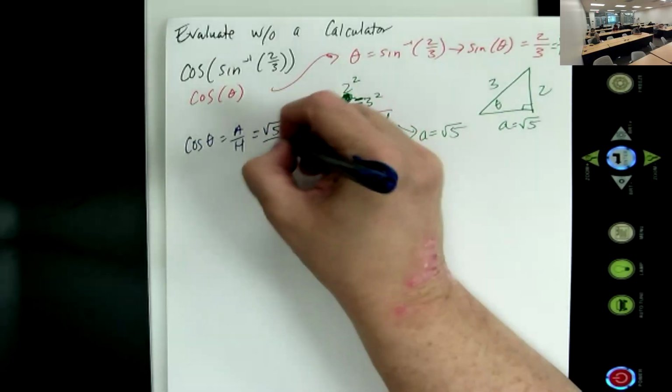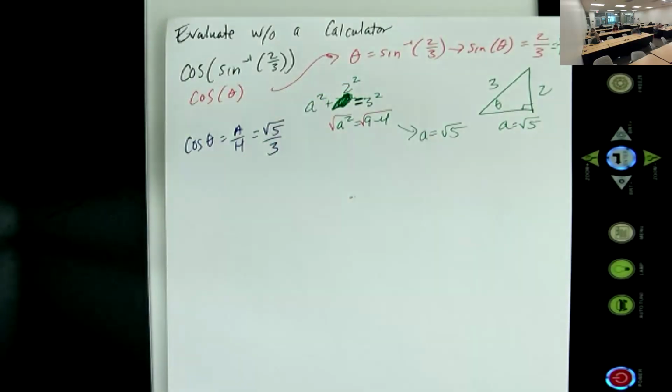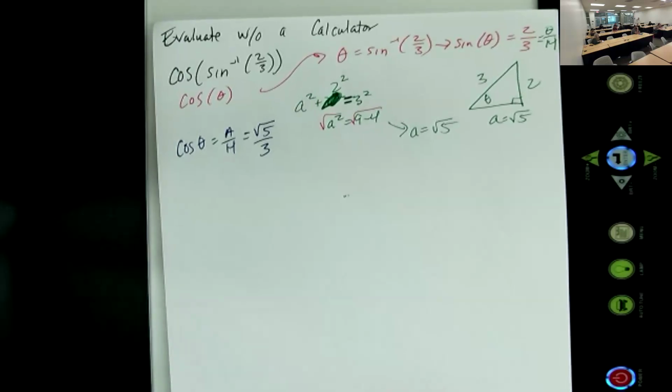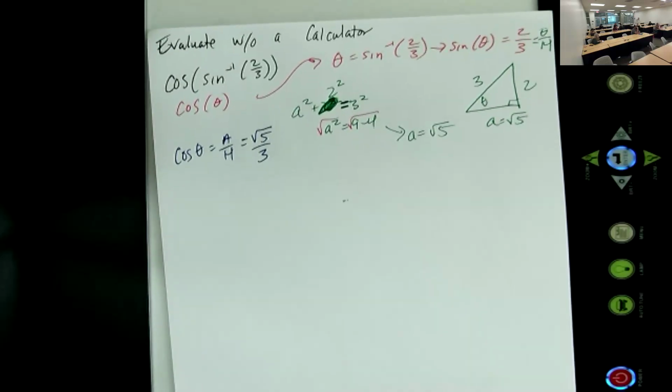Square root of 5 over 3. Are there any questions? Do I need to go over anything again?